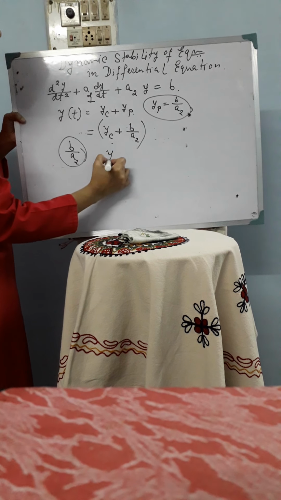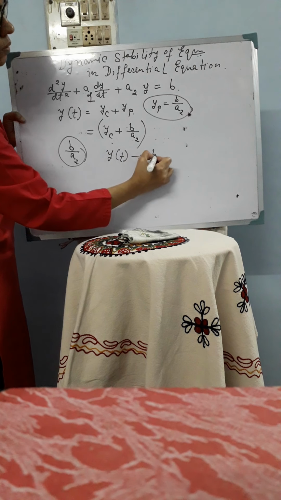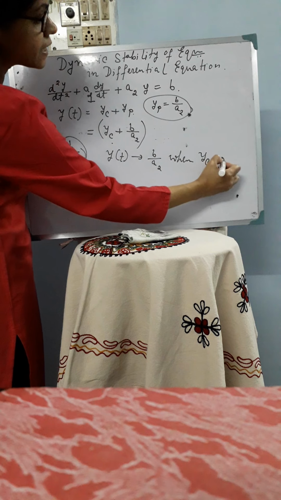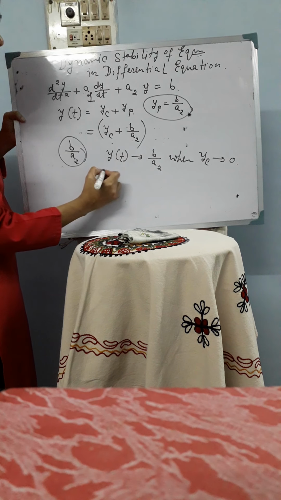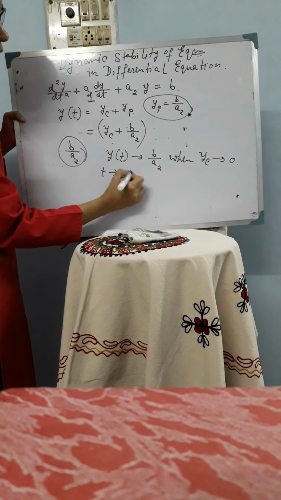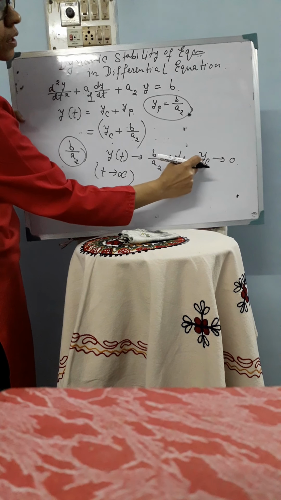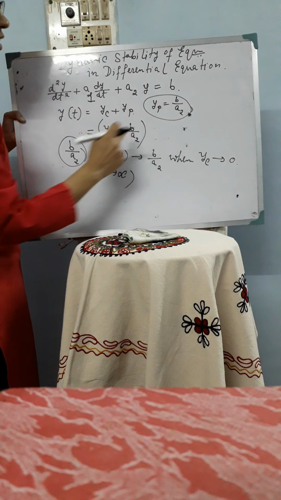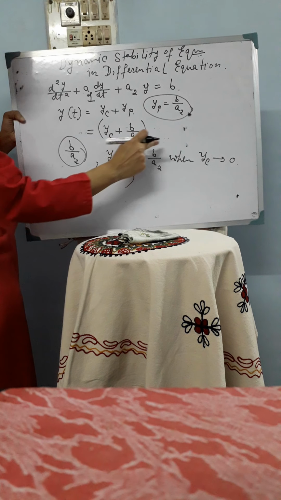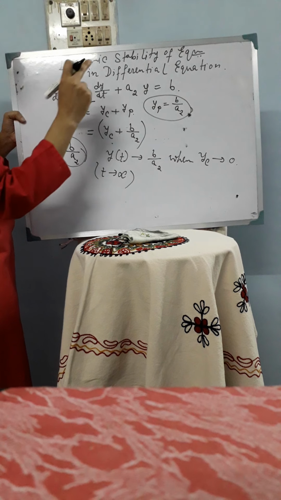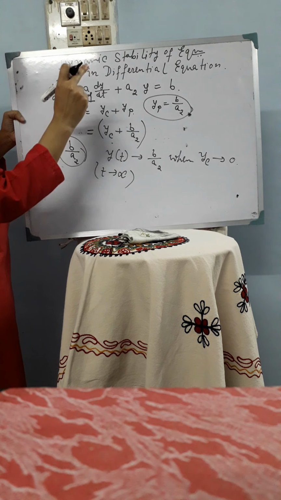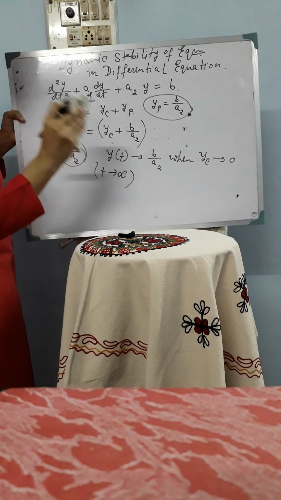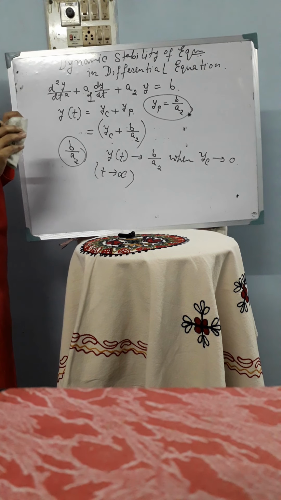Now y(t) tends to b by a2 when yc tends to 0. So if t tends to infinity, then if yc is also tending to 0, in that case we will get y(t) tends to b by a2, and we can say that the equilibrium is dynamically stable.